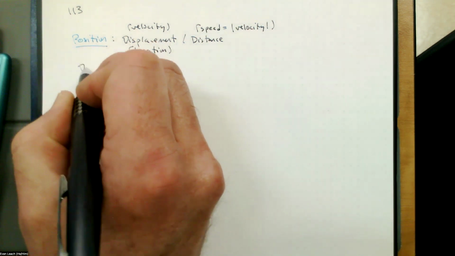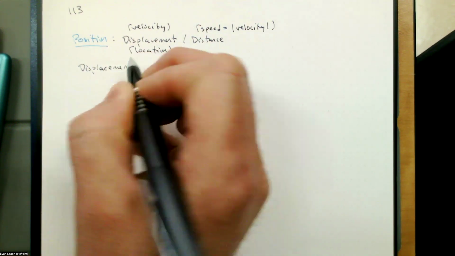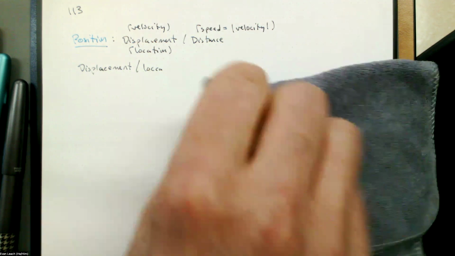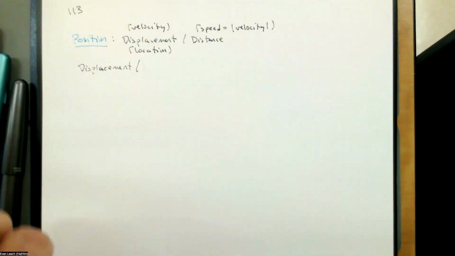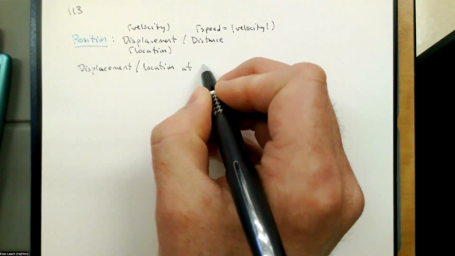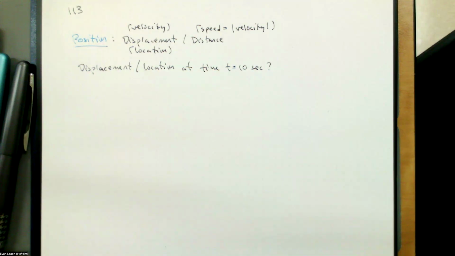So if the question comes in displacement, or location, in this case, displacement or location at time t equals 10 seconds, this is where we consider velocity to be negative, and we can have some distance canceling itself out.